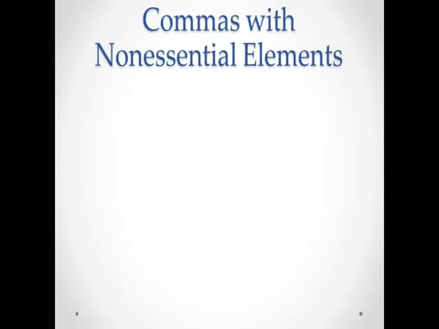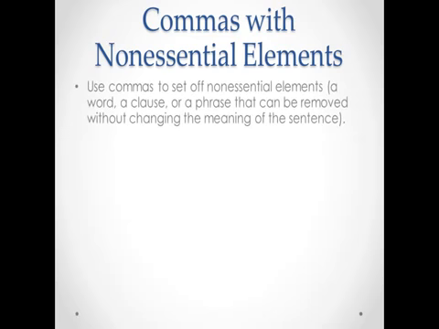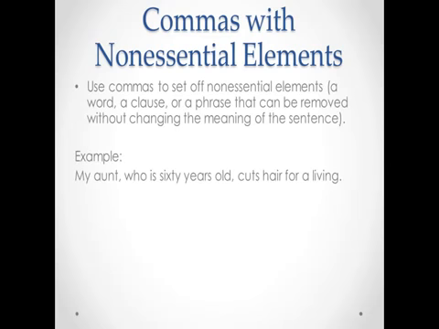Commas with non-essential elements. You're going to use commas to set off non-essential elements, a word, a clause, or a phrase that can be removed without changing the meaning of the sentence. So, if you look at the sentence, "My aunt, who is 60 years old, cuts hair for a living."